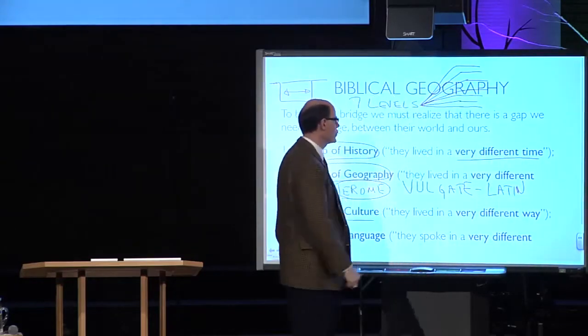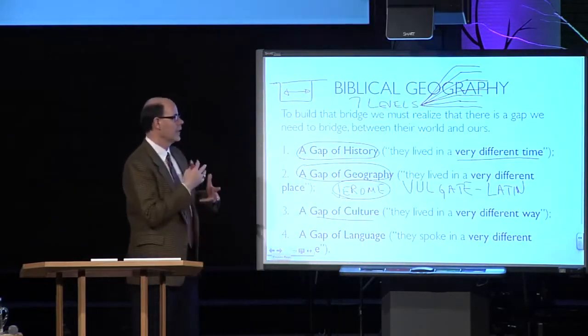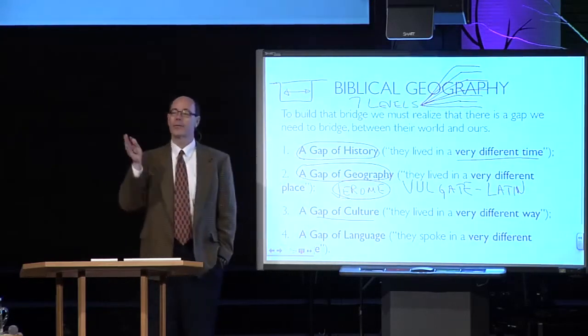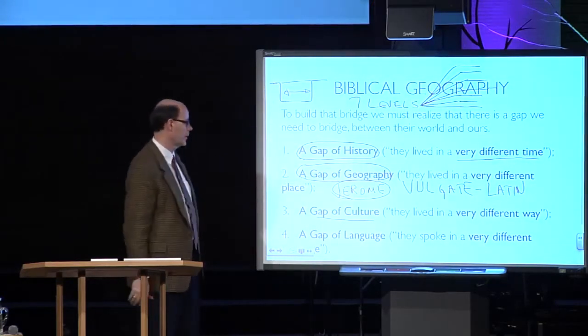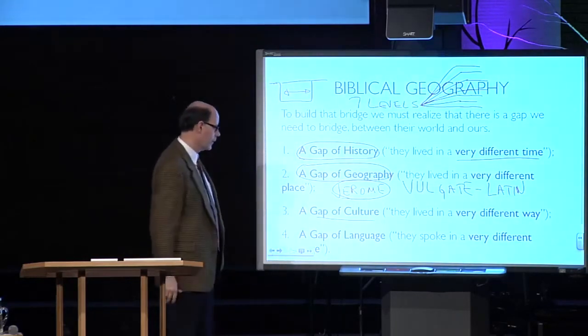And that's not true. That's not what I'm saying here. What I'm saying is each of them is a bridge between their world and ours that helps us to understand. But God only said one thing, not 7. It's not like 7 flavors of what he says. And then there's the gap of language. They spoke in a very different language.